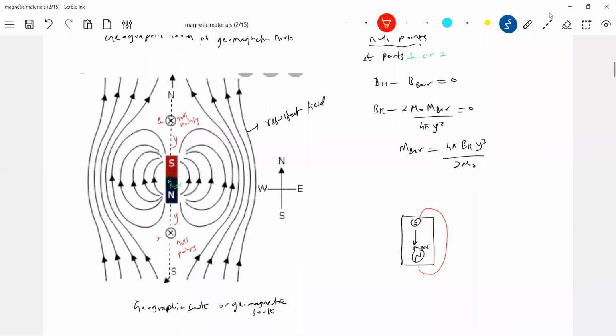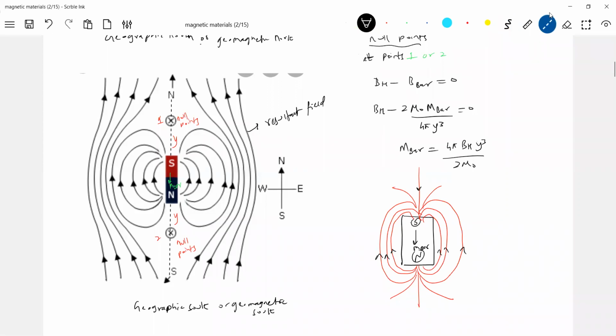The lines of force will be like this. Then you show the horizontal component. The green color is what? Earth's horizontal field.